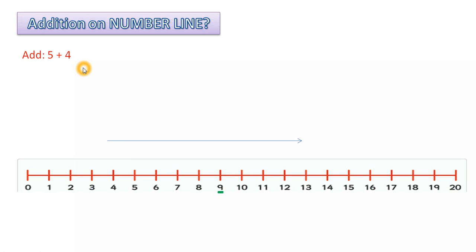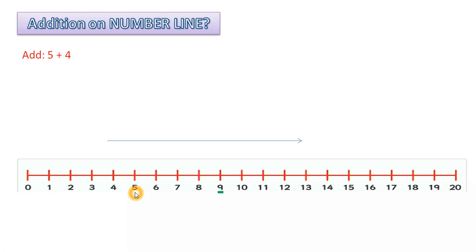Basically, what do we want to do? We want to add 5 to 4, or 4 to 5. That means 4 is to be added to 5, right? So the first thing we need to do is locate 5 on the number line. Where is 5? Here, this is 5.